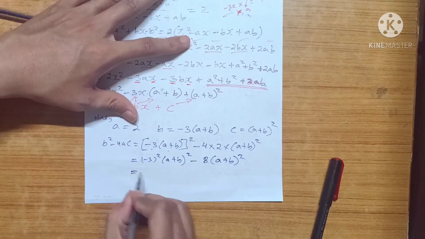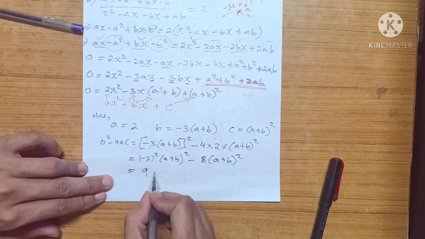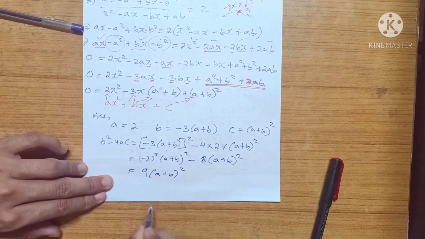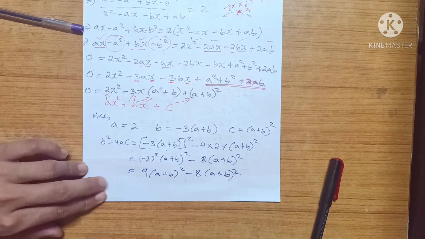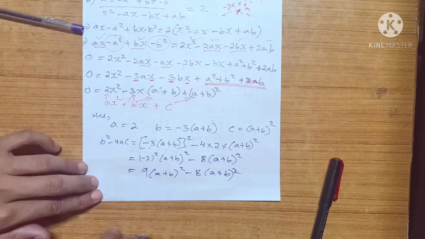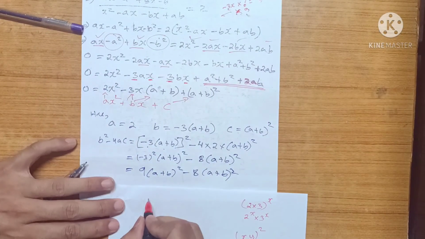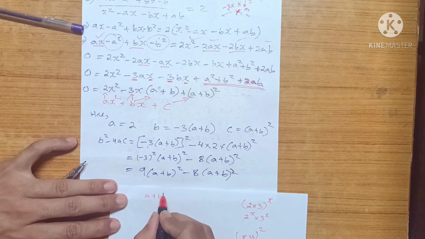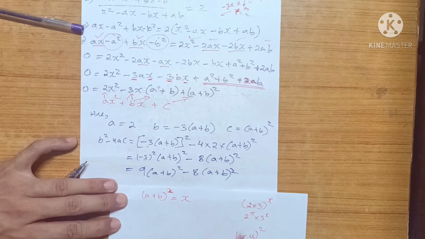Okay, now I'm gonna square this. So minus 3 square is 9. It becomes positive. So 9 into a plus b the whole square is here, minus 8 into a plus b the whole square. So now imagine a plus b the whole square being an alphabet, for example x.